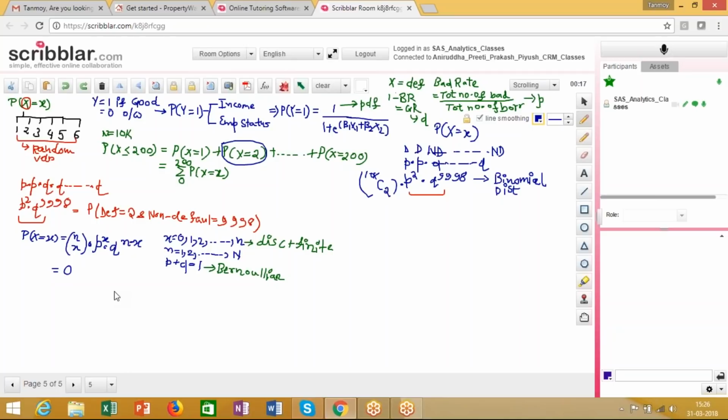So it was not possible using the classical probability definition. Over here you are actually calculating the probability that there are two defaults and some n number of 9998 non-defaults. This kind of probability calculation was not possible with the classical definitions, right?